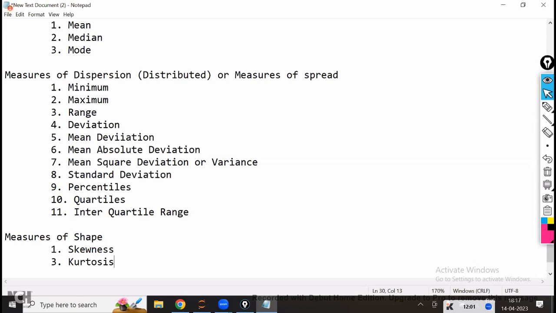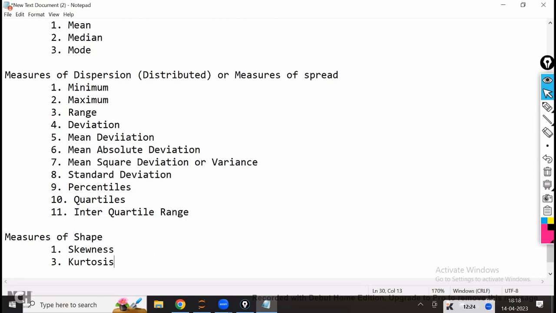Now, what is the advantage of normal distribution? If the data is normally distributed, we can calculate the probability directly, in a very simple way. If it is skewed data, we have to get the entire data records and apply the general probability concept: how many records are satisfying our requirement divided by the total number of records. But if the data is normal, the probability calculation will be easy.